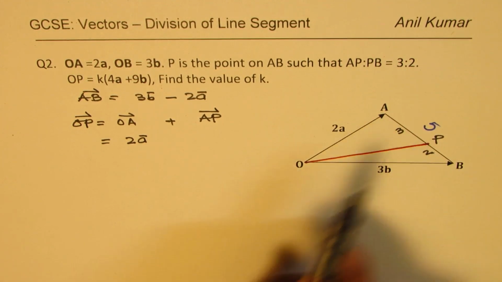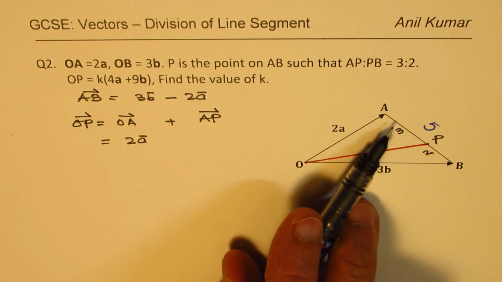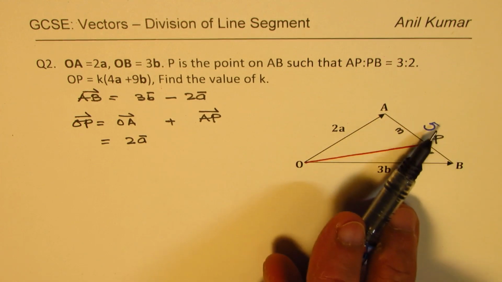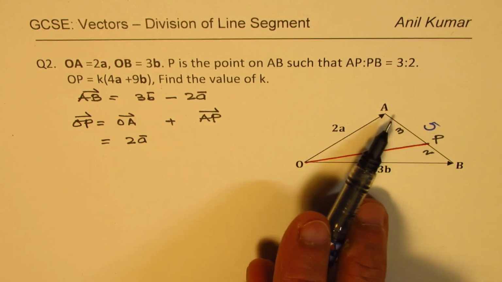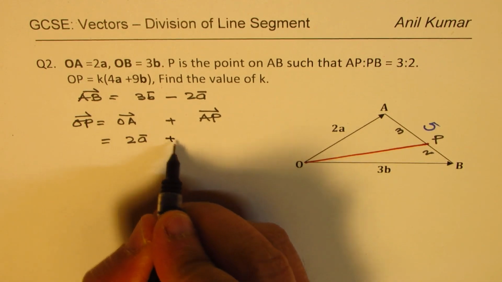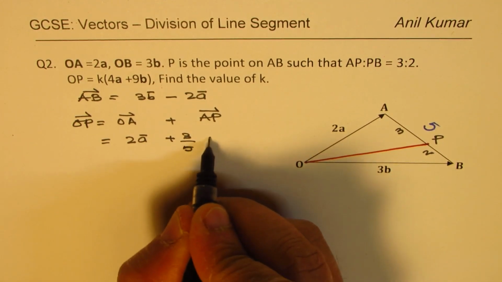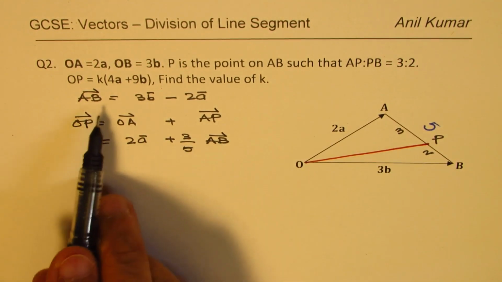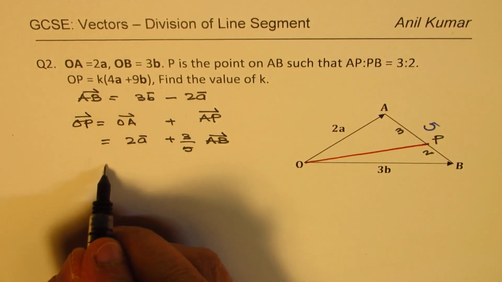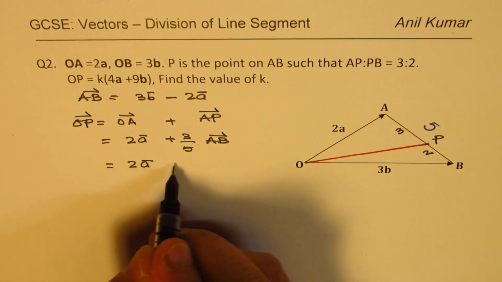What is A to P? Well, if I divide A to B in 5 equal parts, A to P is 3 parts. So 3 out of 5 is A to P. So I could write this as 3 out of 5 of A to B. Perfect. We know A to B is 3B minus 2A. So we could substitute that, correct?